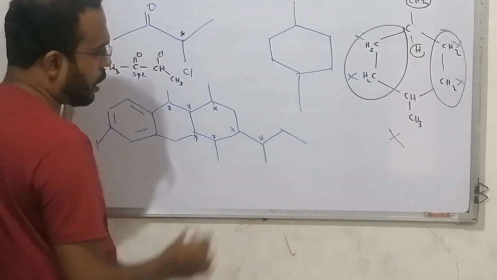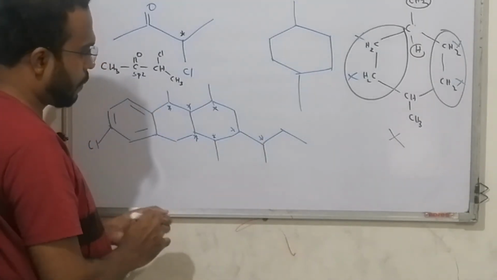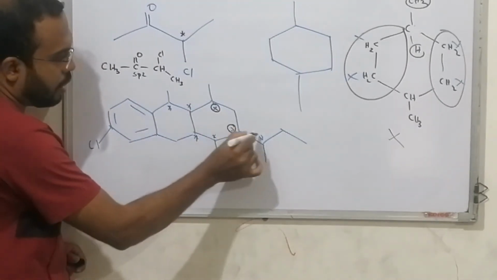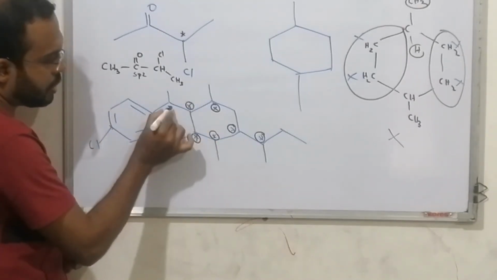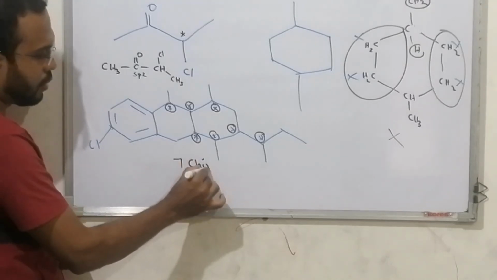And this also chiral. Okay, this carbon is chiral, this carbon is chiral, this carbon is chiral. Therefore, there are 7 chiral centers.